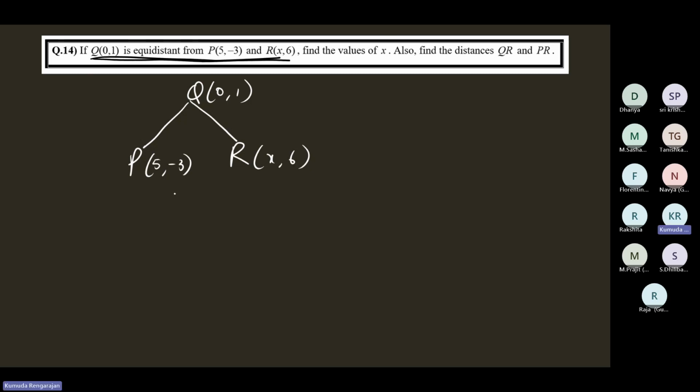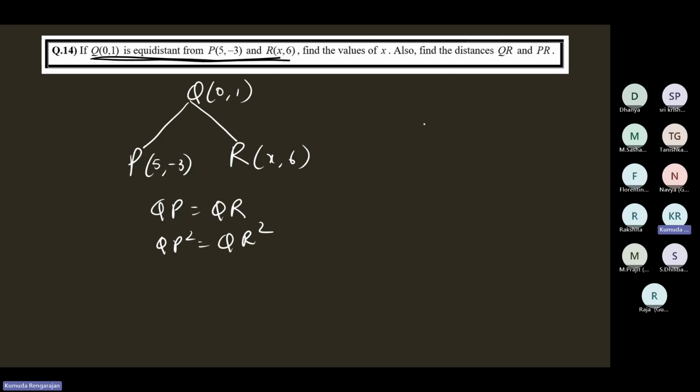So the condition here will be QP is equal to QR because it's given that Q is equidistant from P and R. Now this means that QP square is equal to QR square. Now we just have to use the distance formula to find QP and then square it.